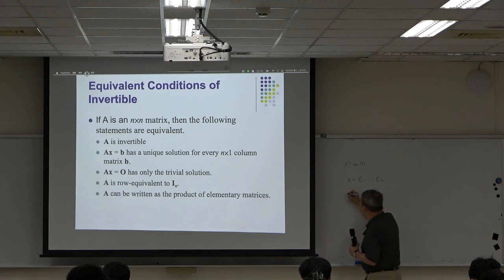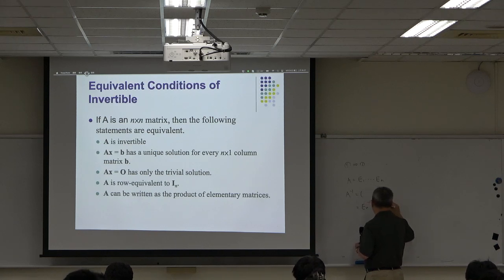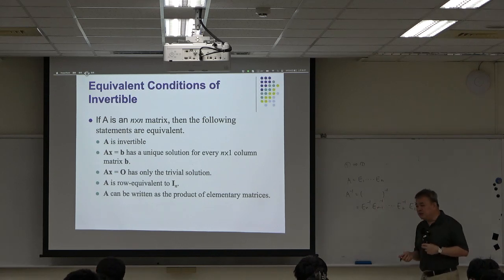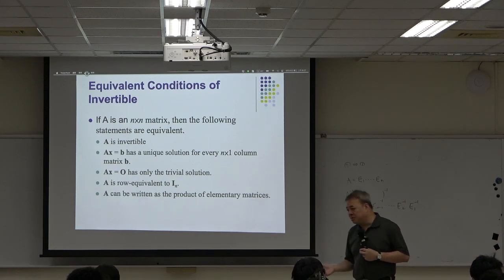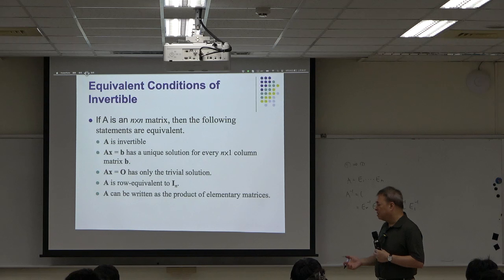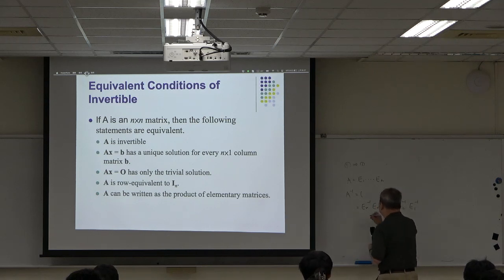Why? Because A inverse will be this thing's inverse, right? It will be En inverse, En minus 1 inverse, up to E2 inverse, E1 inverse. But we know all the elementary matrices are invertible, so all of these exist.